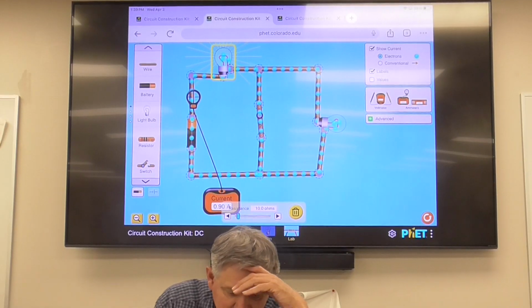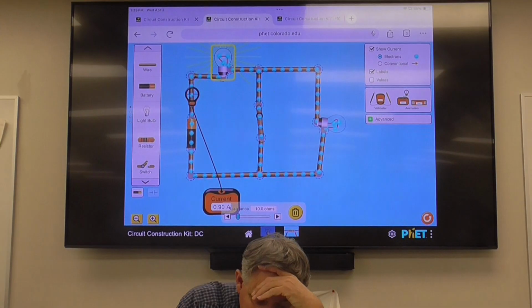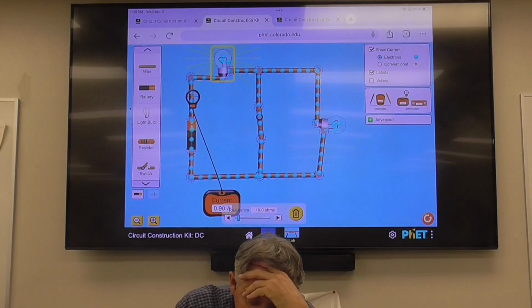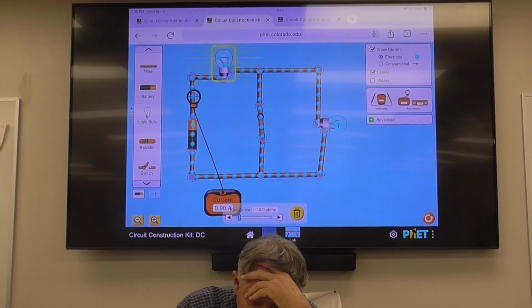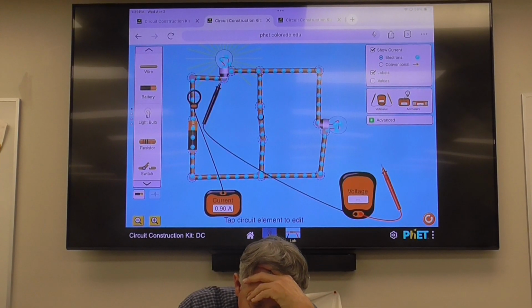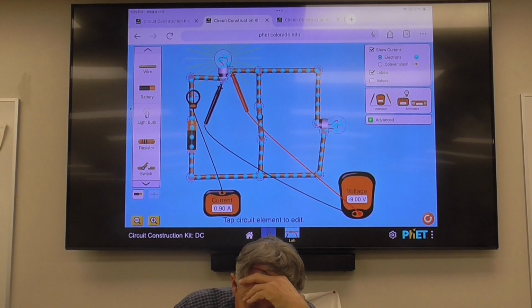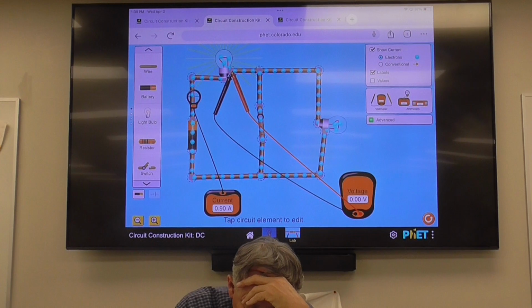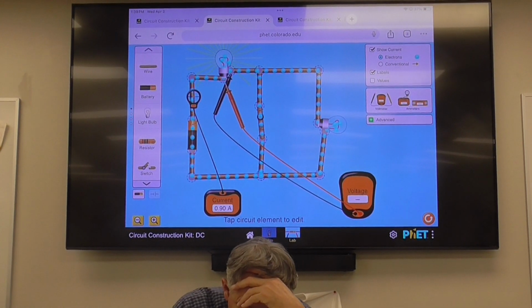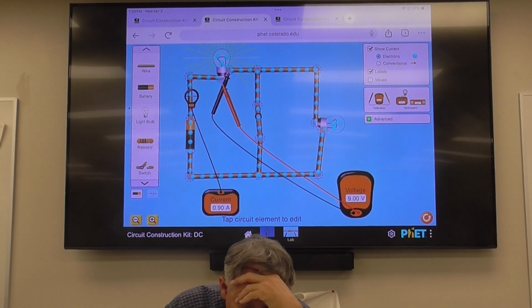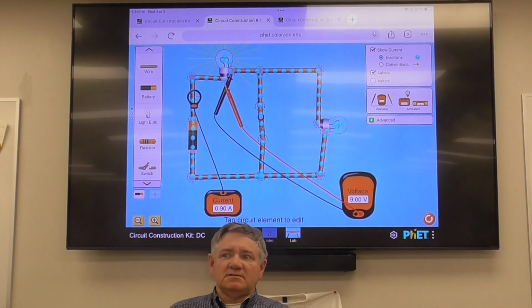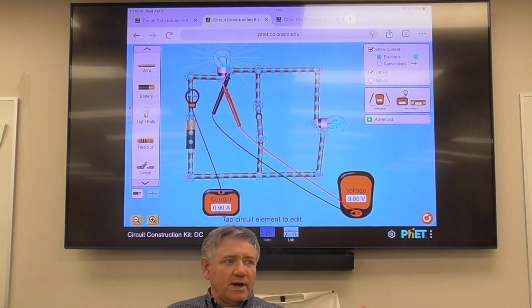So right now, if I look at the current, it's at 0.9 amps, and the voltage across the bulb is 9 volts. Does that make sense? I only have one bulb, right?